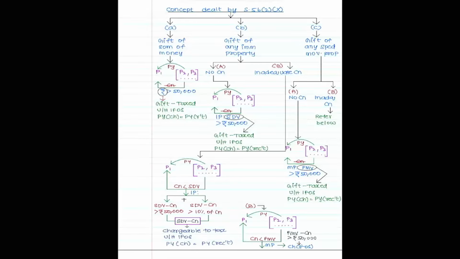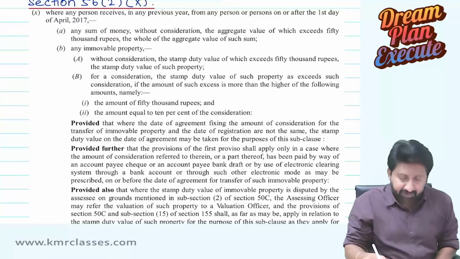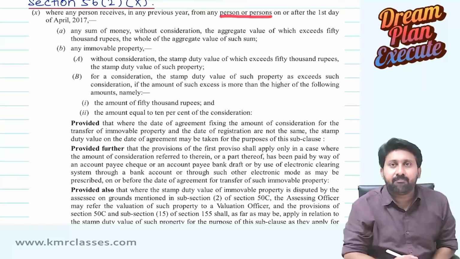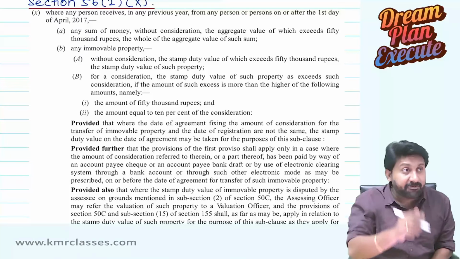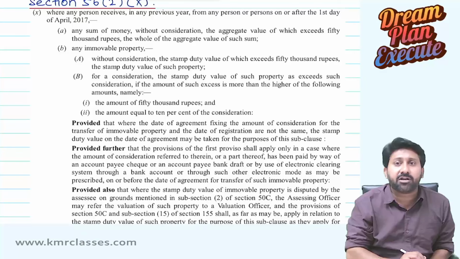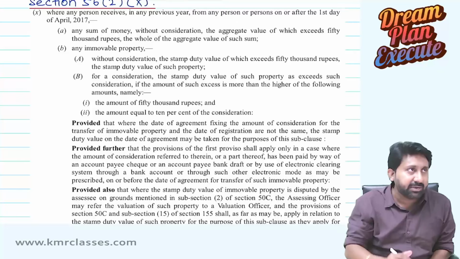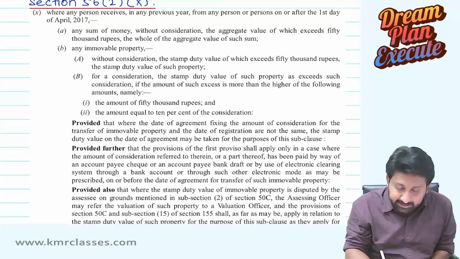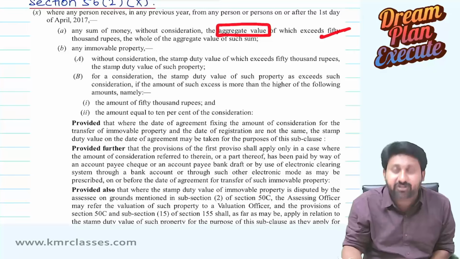Any sum of money you receive from any person or persons, it need not be one person. More than 50,000: one person gave a 10,000 gift, another person 20,000, another person 30,000. That's it, full amount will become taxable.